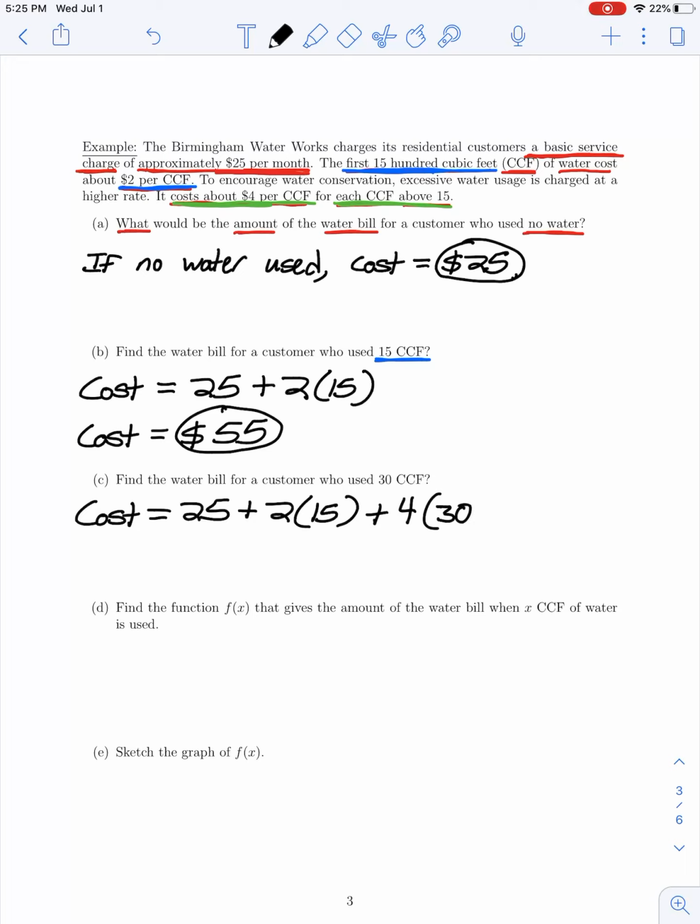Now, how far did we go above the initial 15? Well, we would take 30 minus the initial 15 that we've already charged.